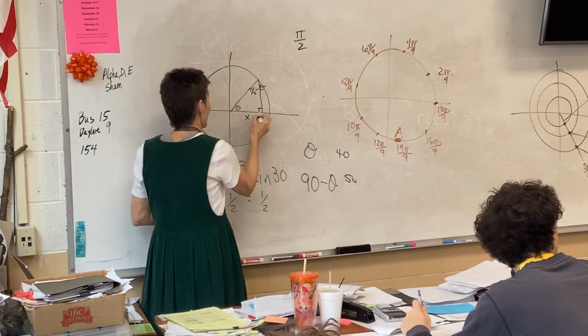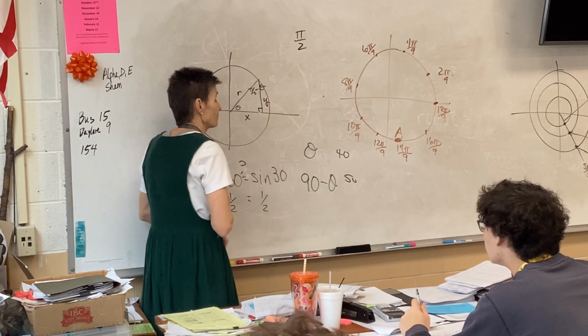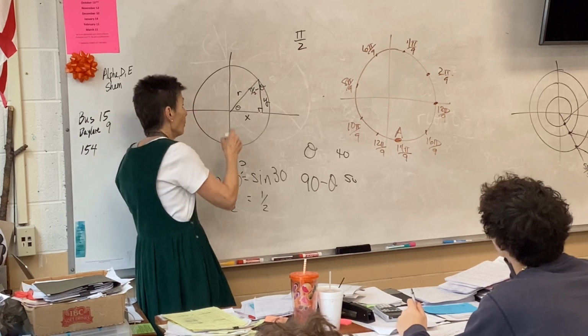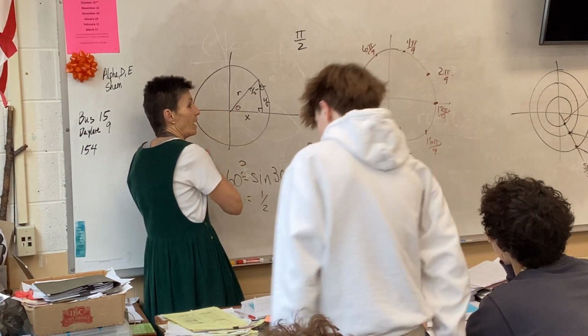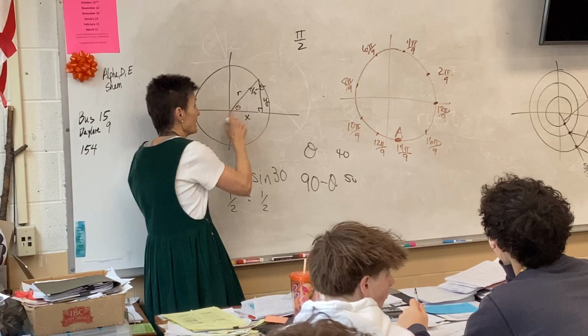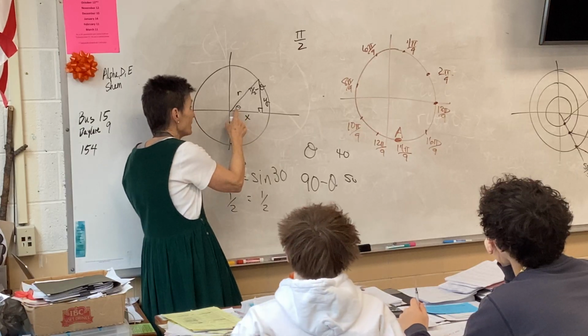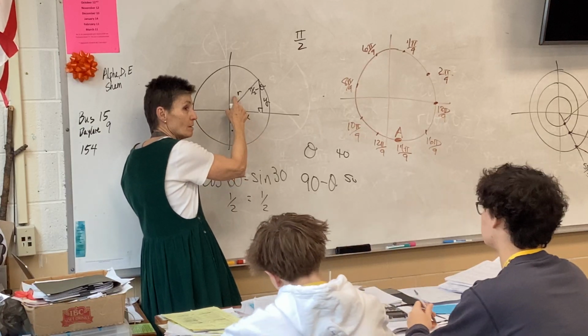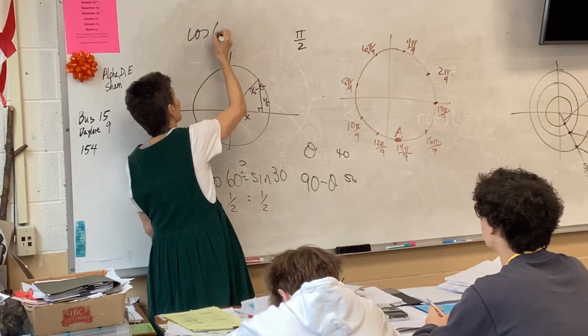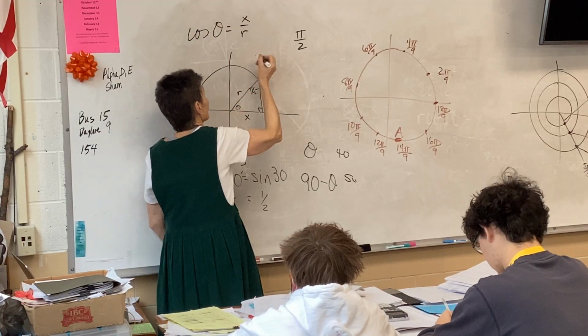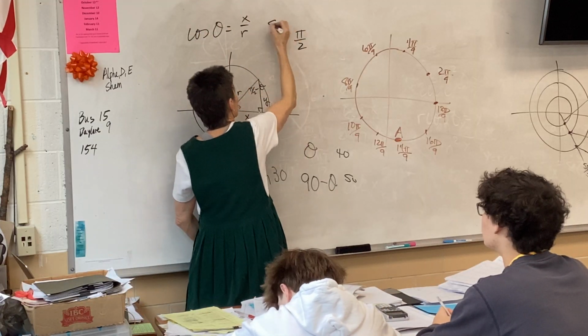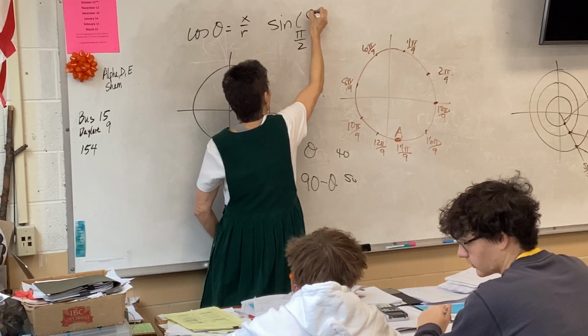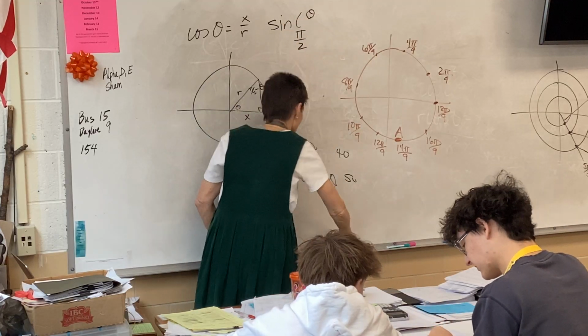Let me label my sides here. What is the cosine of theta? The cosine of theta is x over r. What about the sine of pi over 2 minus theta?